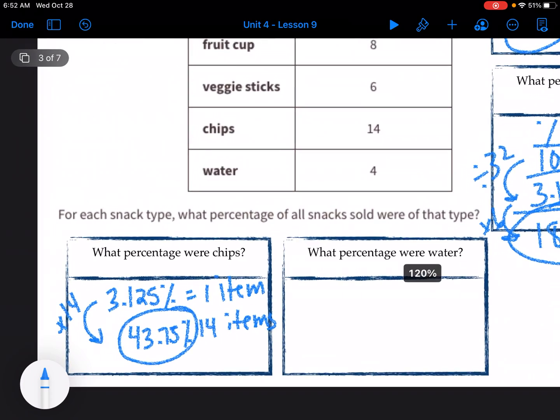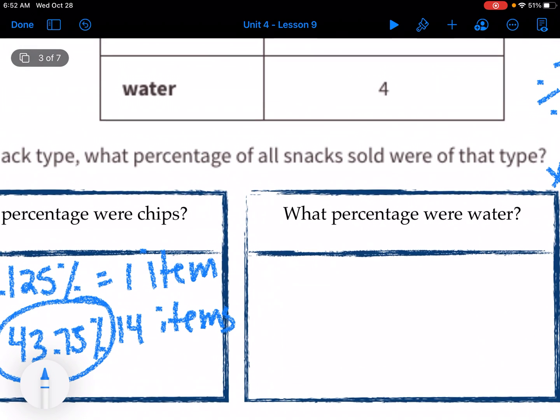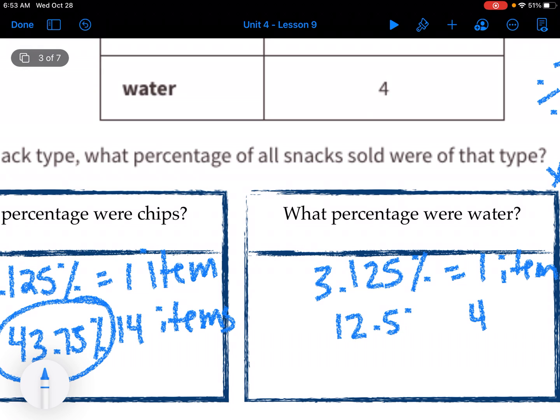Then it says what percent were water, so that's 4. I know 3.125% is equal to 1 item, so I'm going to multiply by 4. 3.125 times 4, and I get 12.5%.